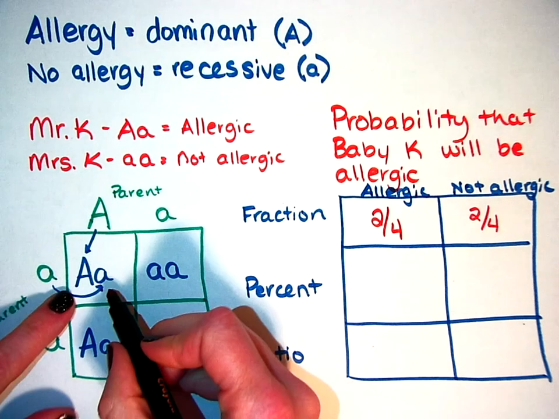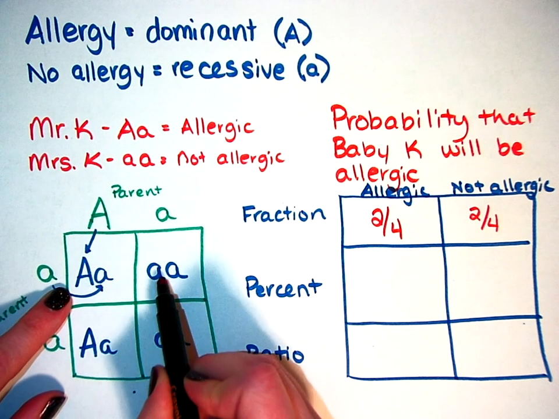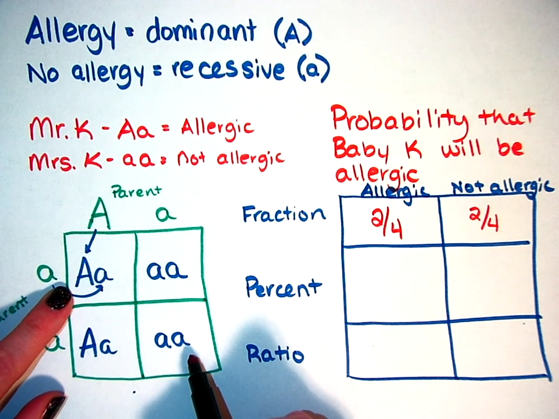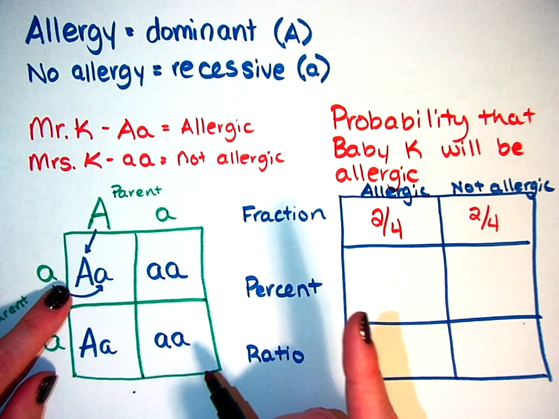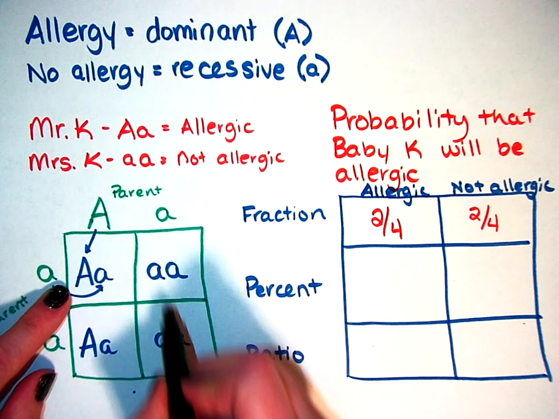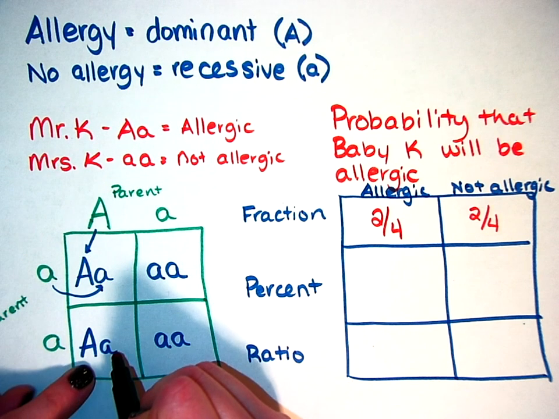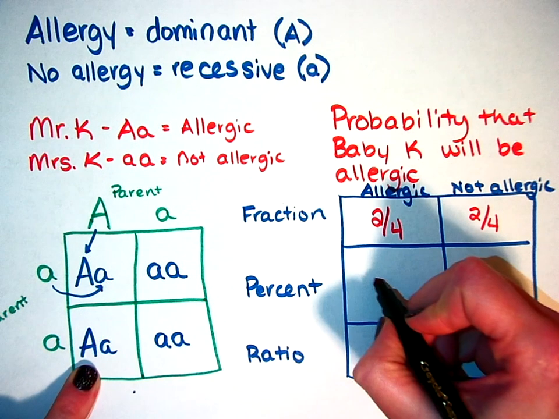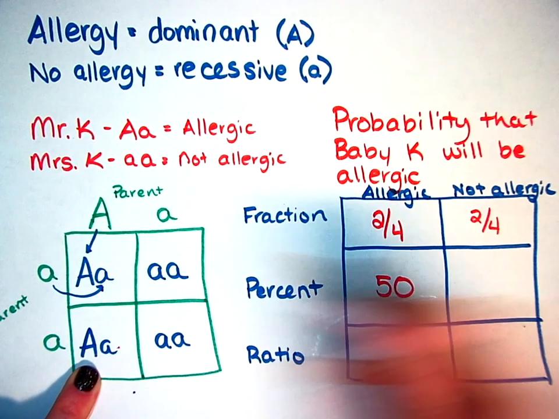If we want to look at percentages, the percentages are out of 100. There are 4 squares. Each square is how much percent? Think about it. Each of these squares is going to be 25%, because it's a quarter of a whole. So if we have 2 squares where the baby is allergic, 25% plus 25% is 50%.